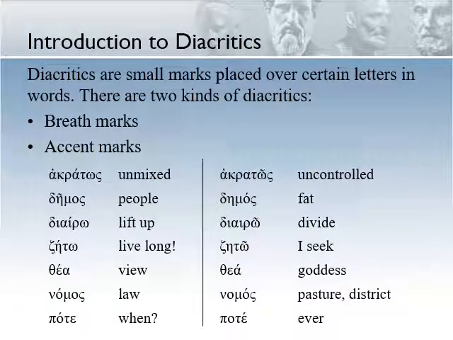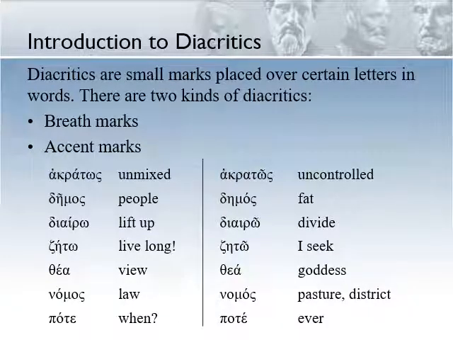Spelled exactly the same. Alpha, kappa, rho, alpha, tav, omega, sigma. Also, over the alpha, we have a breath mark, just like we did on the one on the left. But notice that the accent mark has changed. Instead of an accent mark over the alpha, it is now over the omega, and it looks different. Now, disregard the fact that it looks different for a moment.